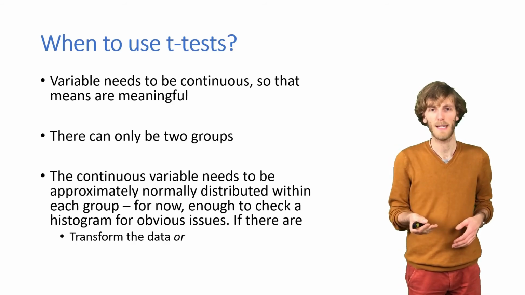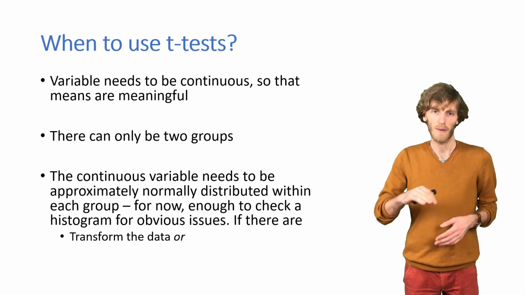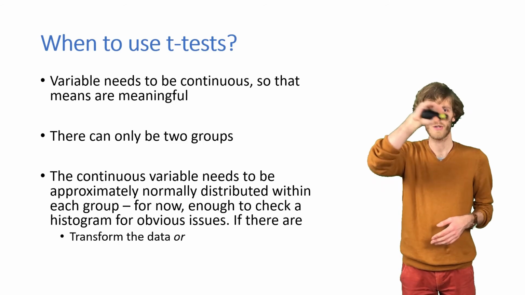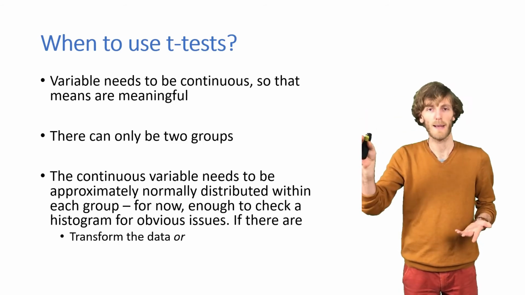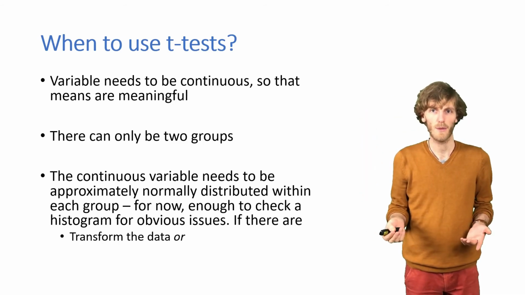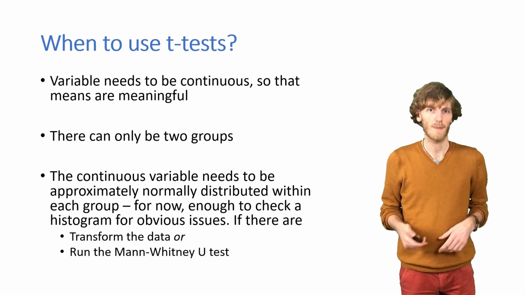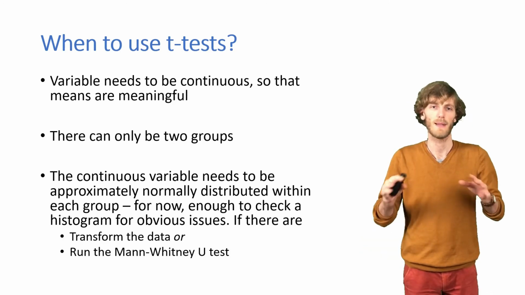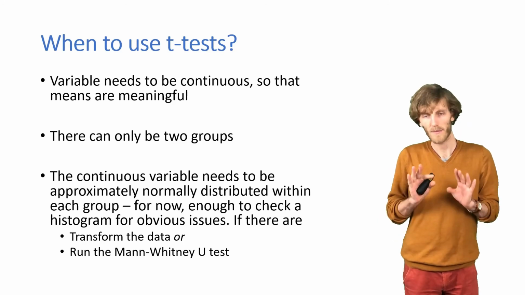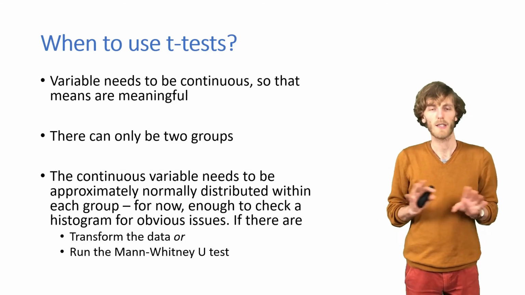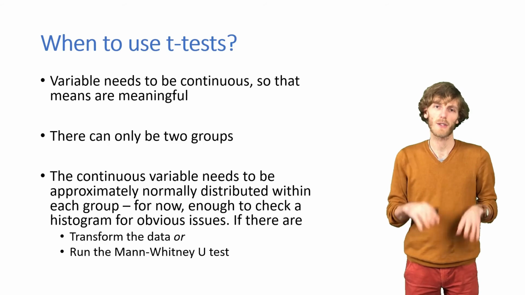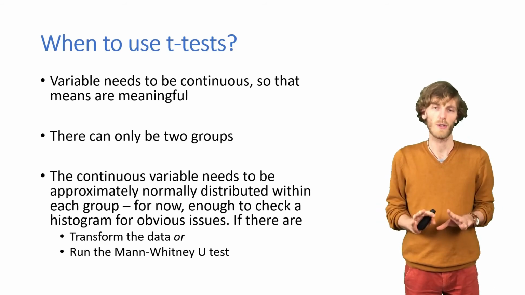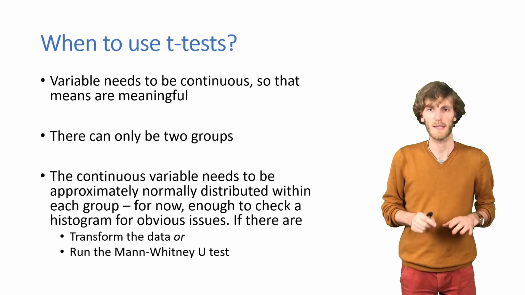We saw that in the gapminder data set, where we could use a logarithmic transformation to turn this shape into a straight line and make the variable thereby more normally distributed. Or we can use something that's called the Mann-Whitney U-test, which is similar to a t-test, but doesn't require normality. We'll not get there anytime soon in this course. Normality is very often given, so usually we can use the t-tests.